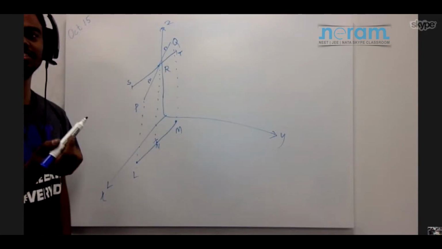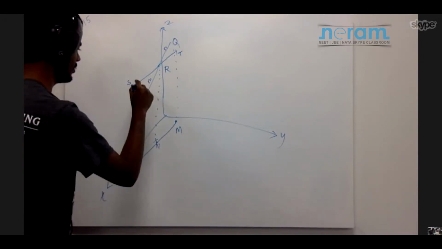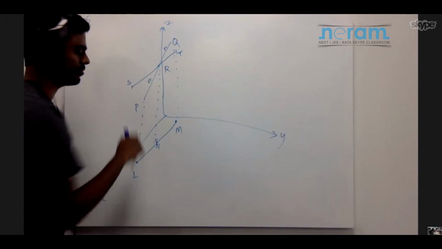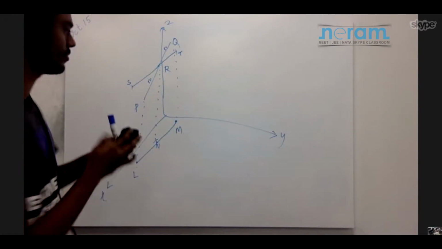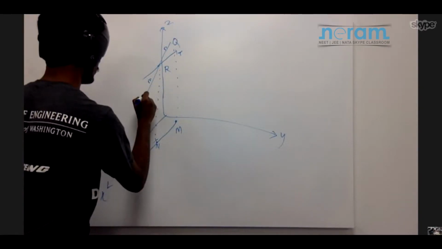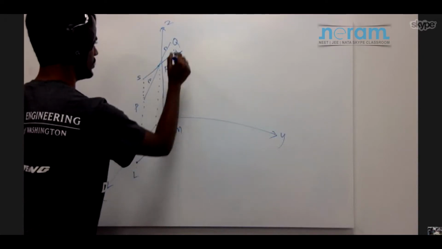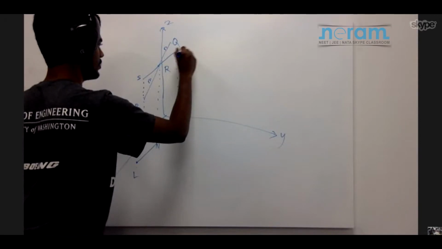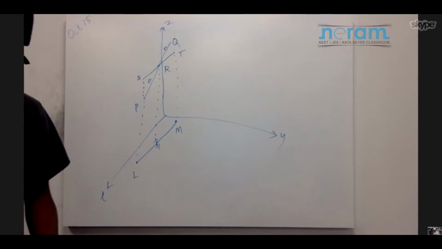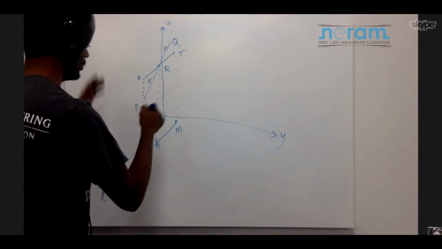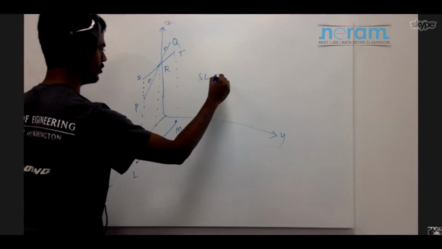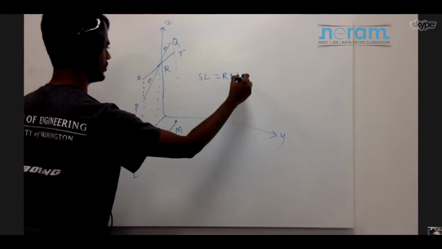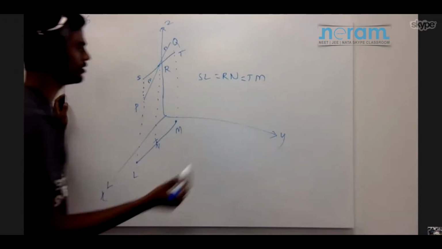Do you understand what I am doing? Okay, this will be here and then T will be this point. Now from this you know that the length of SL is the length of RN, which is also the length of TM.